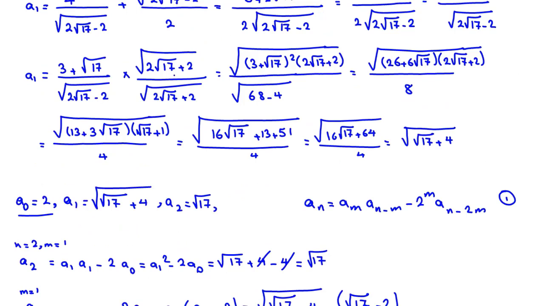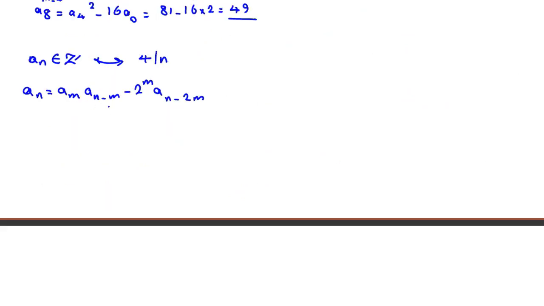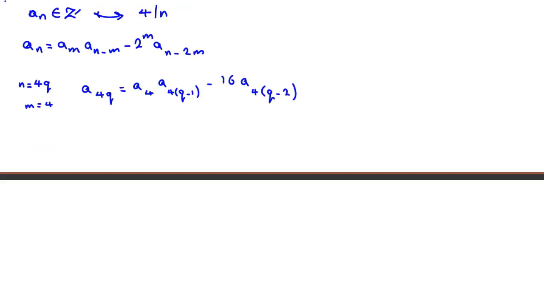Okay. Now we use this relationship that we have for An. Now we consider, for example, n is 4 cubed. And we can consider, for example, m is 4. Okay. So A(4q) equals A4 times A(4q minus 4), which is 4(q minus 1), minus 2 to the m, or 2 to the 4, you can say minus 16, A(n minus 2m), so it's 4q minus 2.